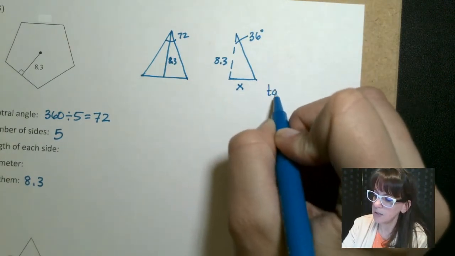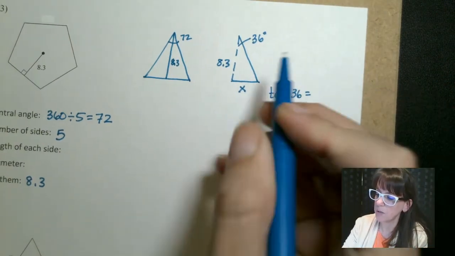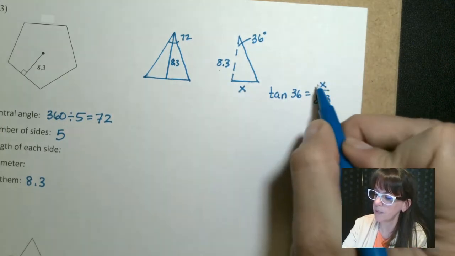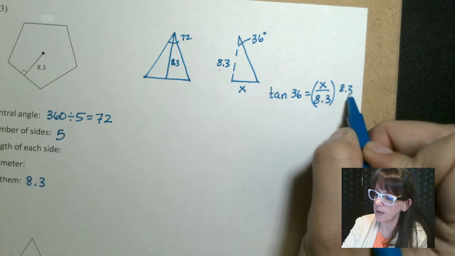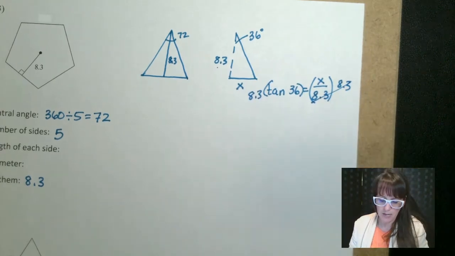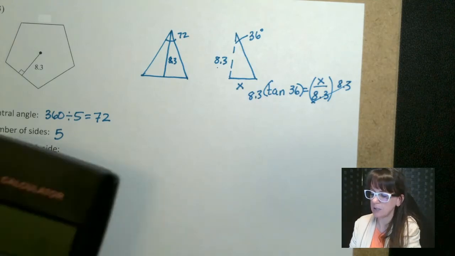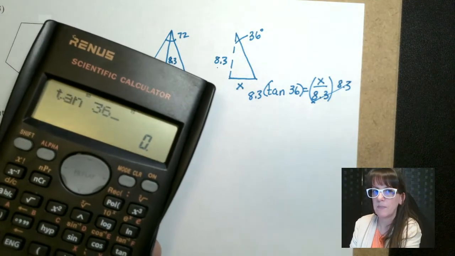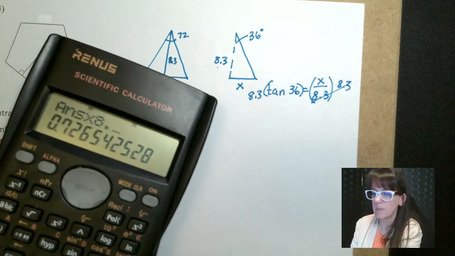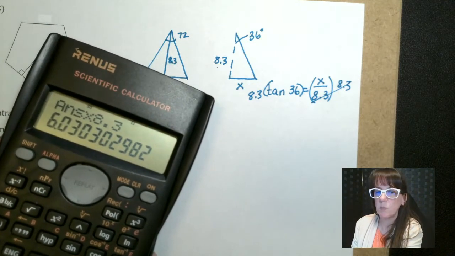So tangent 36 equals opposite over adjacent, so x over 8.3. To get x by itself, we multiply by 8.3 on both sides. So tangent 36 equals all that garbage, and then we multiply it by 8.3, and we get 6.03.